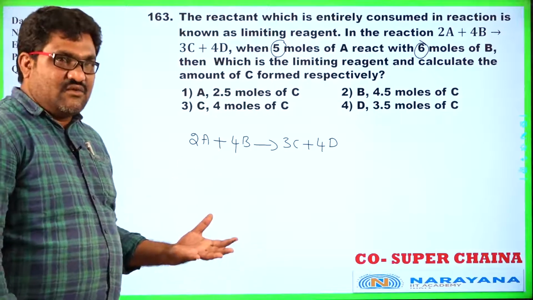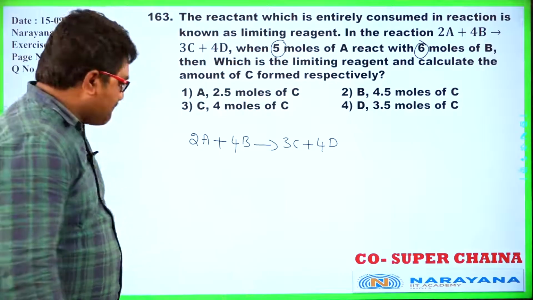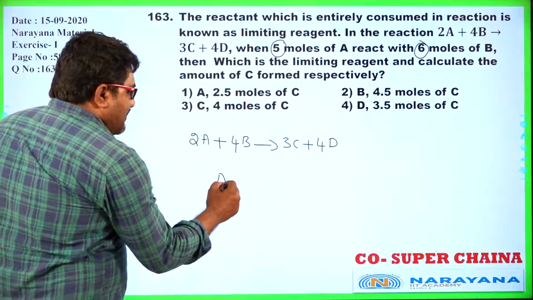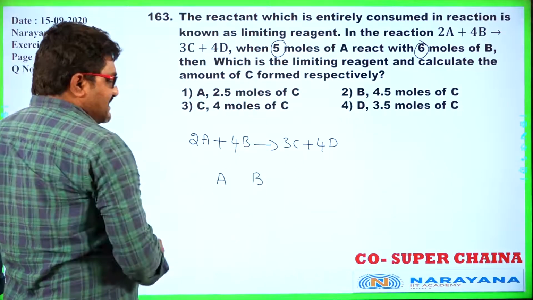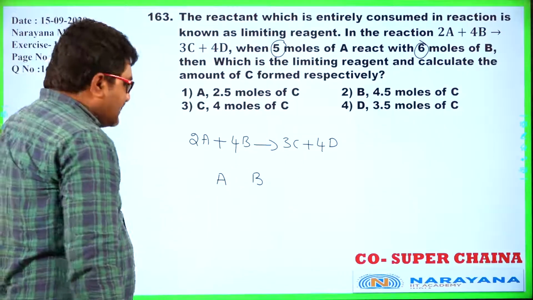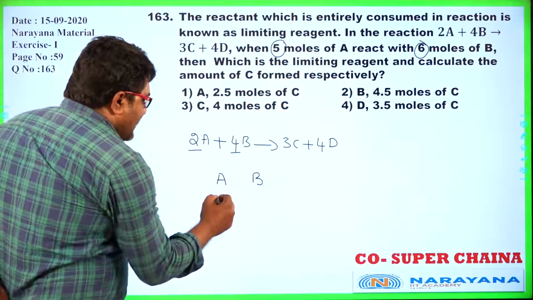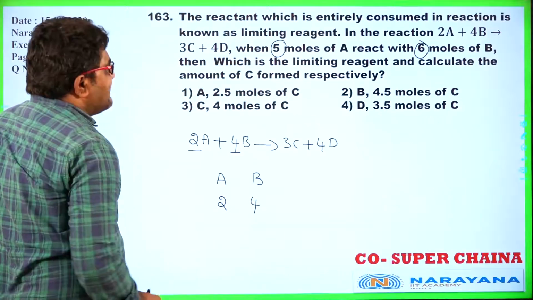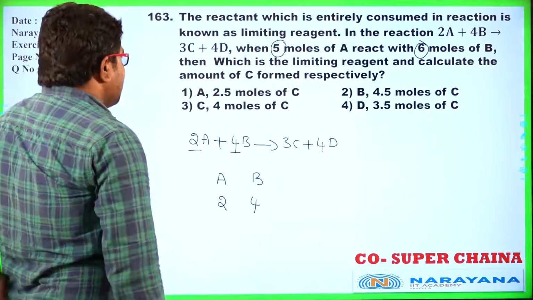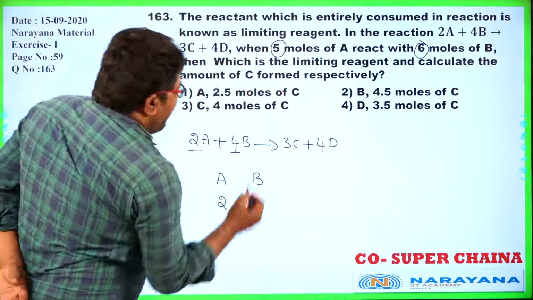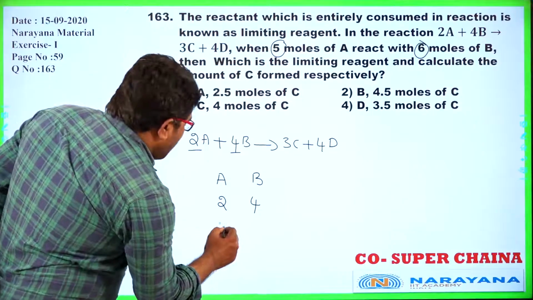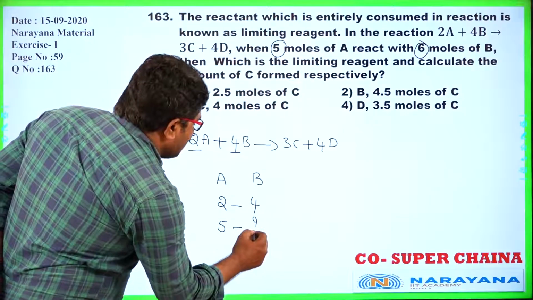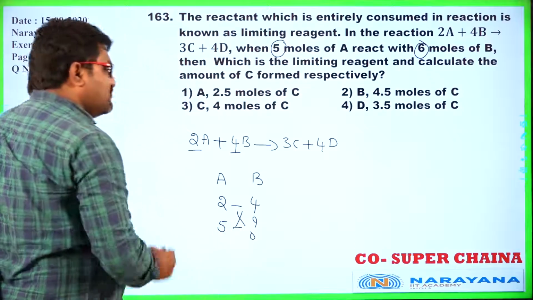For that, listen carefully. I am comparing the number of moles as per the reaction of A and B reactants. So according to the balanced reaction, for 2 moles of A, 4 moles of B was required. Okay, yes. Now for 5 moles of A, how many moles of B is required?